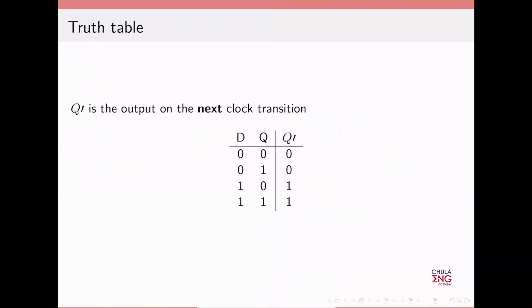And then we can write down the truth table of the D flip-flop like this. Input D changes, and Q is what's stored in the flip-flop before. Q is the current data in the flip-flop, and D is the input, right?